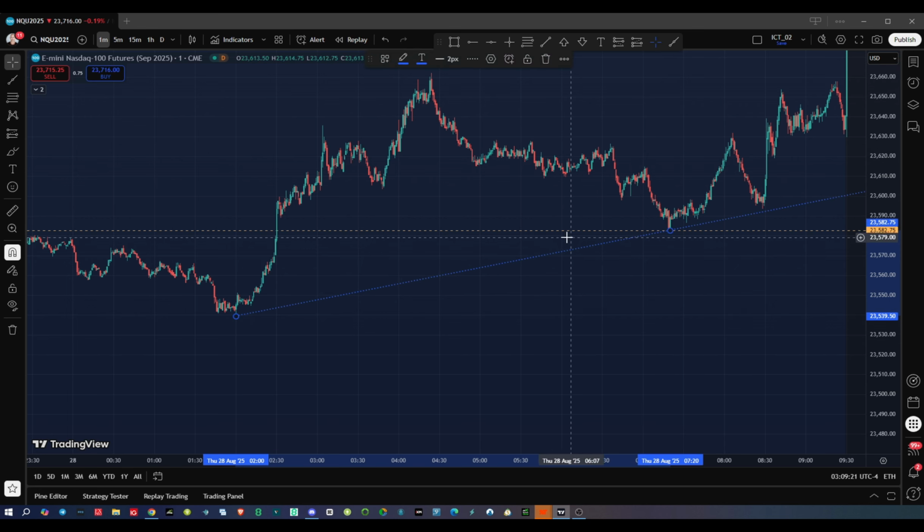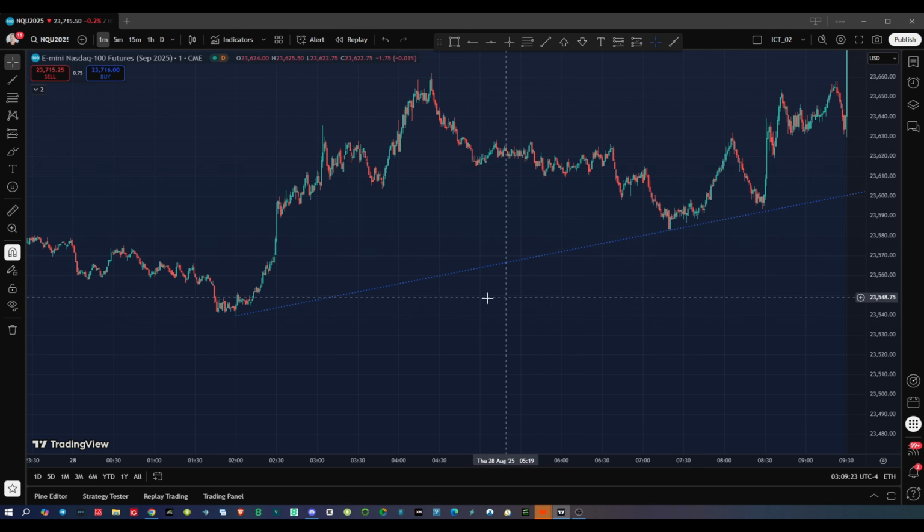That's all I'm talking about. I'm going to talk through the thought process, what I see in the market, how I would approach certain trades and pinpoint certain areas of significance. So let's jump right into it.